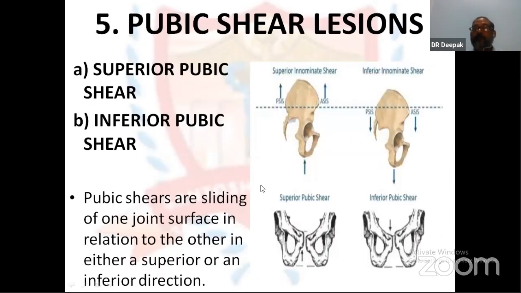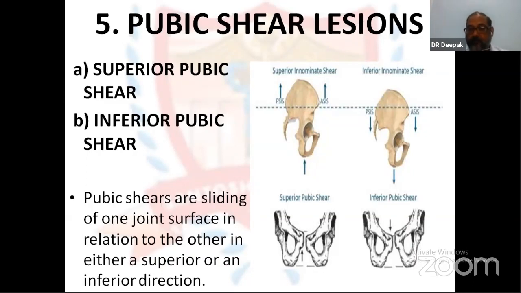Then we come to the pubic shear lesions. The pubic shear lesions are the lesions in which the pubic bone is moving either in the superior direction or in the inferior direction. If it is moving in the superior direction, it is known as superior pubic shear.